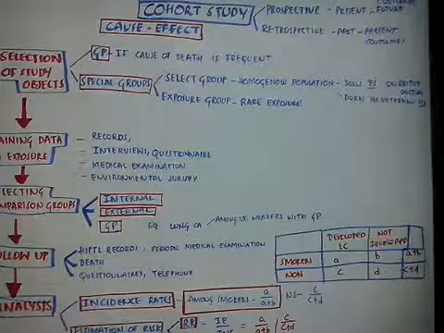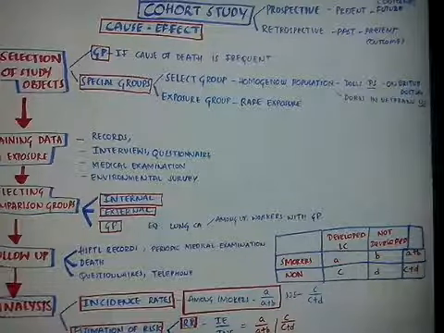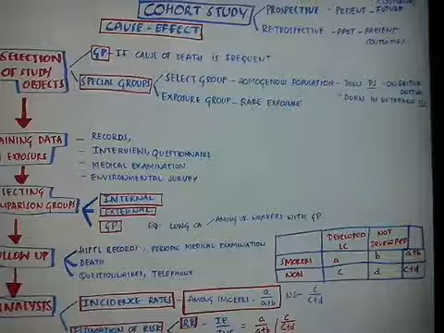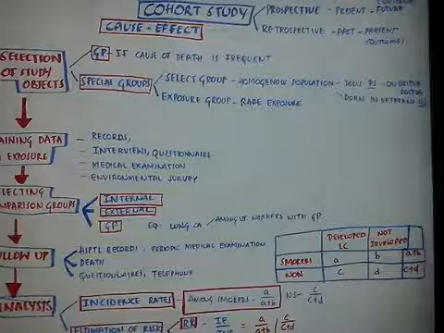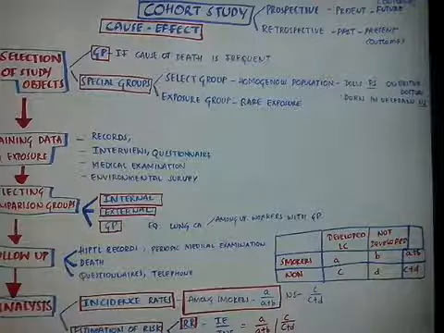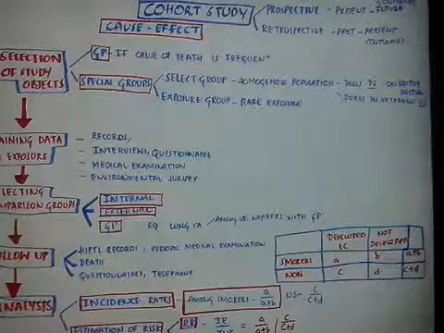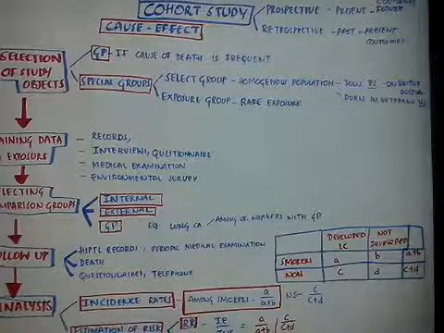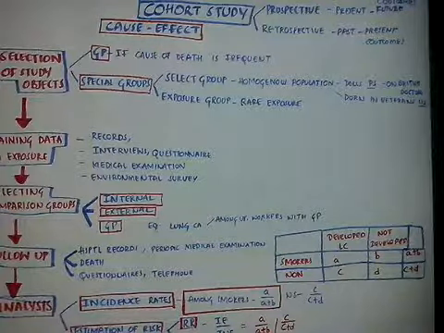Then comes attributable risk. Attributable risk tells how much the disease can be prevented. If there is more risk due to that causative factor to that disease, then the disease can be prevented by reducing the risk factor.